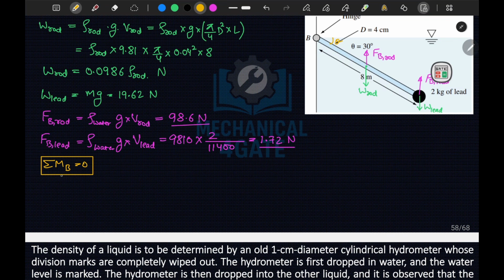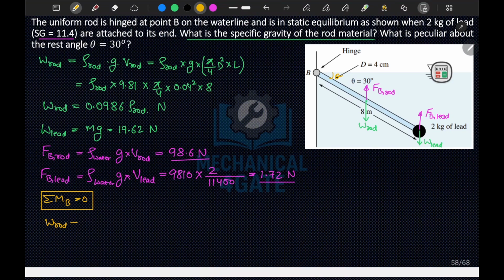So your moment about B can be written as W rod minus FB rod times this distance, half the length, which is 4 meter, so 4 cos theta, plus W lead minus FB lead, into cos theta, is equal to 0.